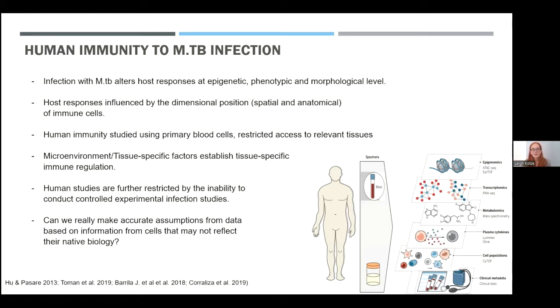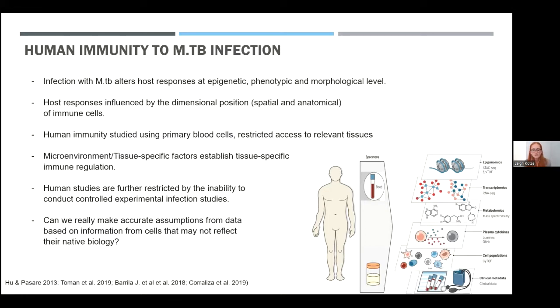So we know that the epigenetic changes are very much dependent on the spatial and anatomical orientation of the human immune cells within the site of disease. Traditional studies into MTB infection dynamics have been very much limited to primary blood cells, considering the relative ease of obtaining these kinds of samples from a patient.